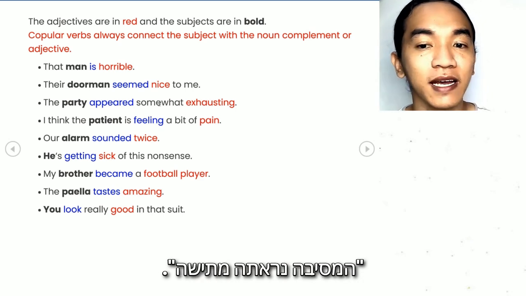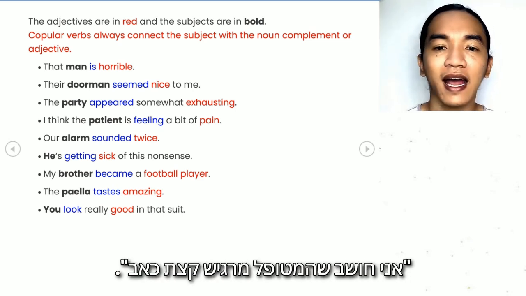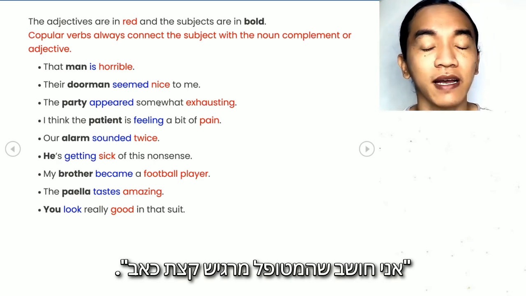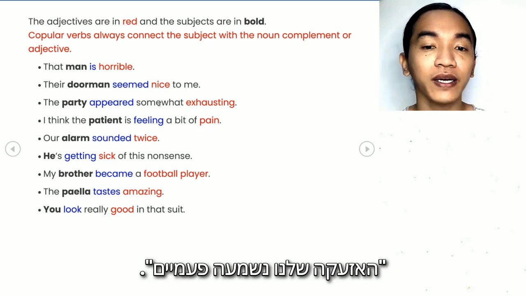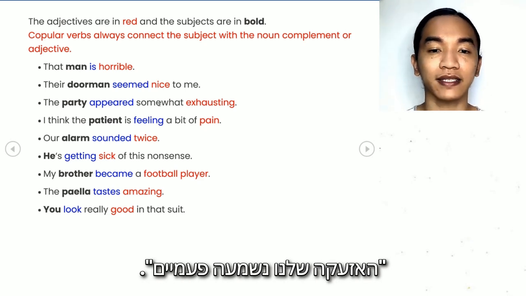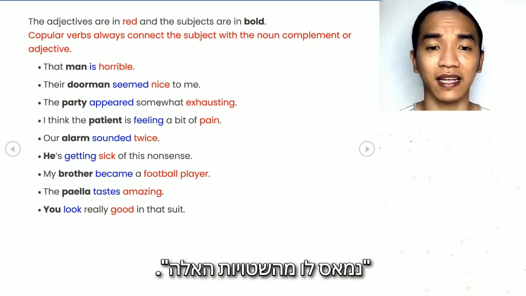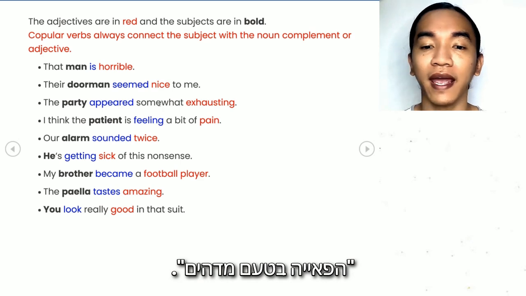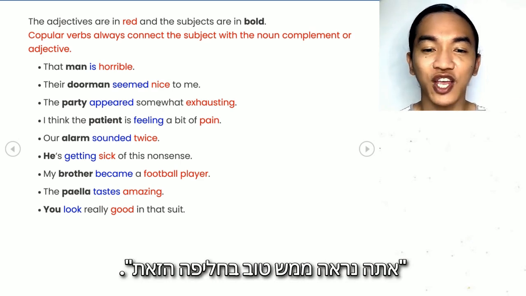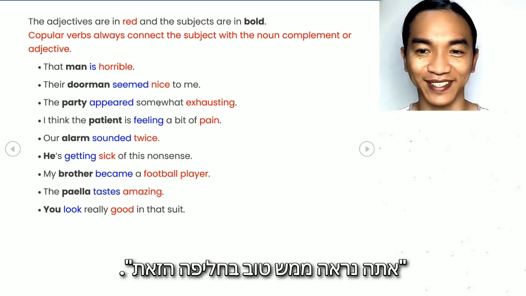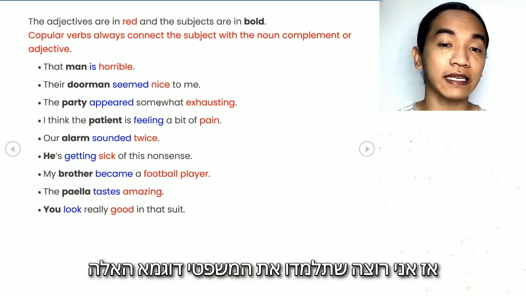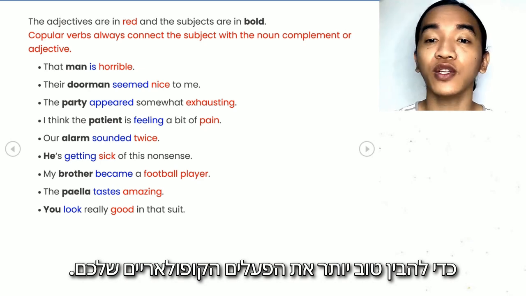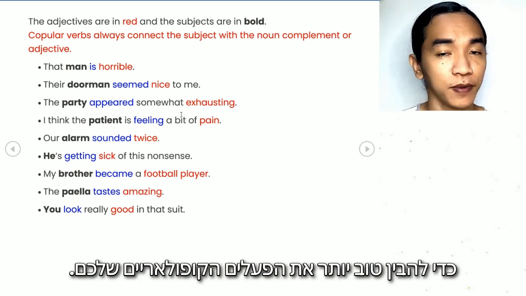The party appeared somewhat exhausting. I think the patient is feeling a bit of pain. Our alarm sounded twice. He's getting sick of this nonsense. My brother became a football player. The paella tastes amazing. You look really good in that suit. Okay? So I want you to study these example sentences to understand more of your copular verbs.